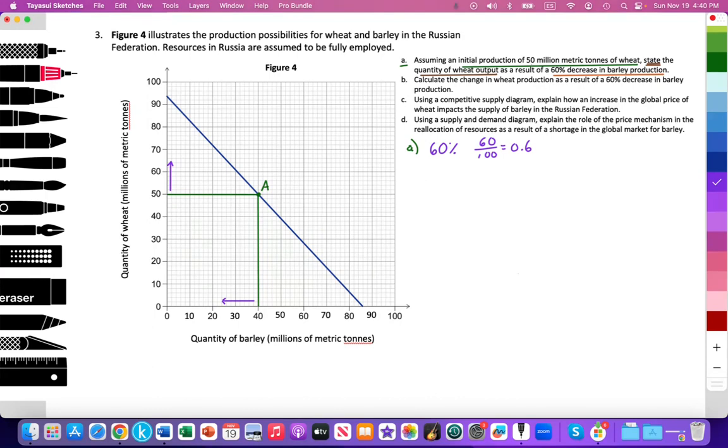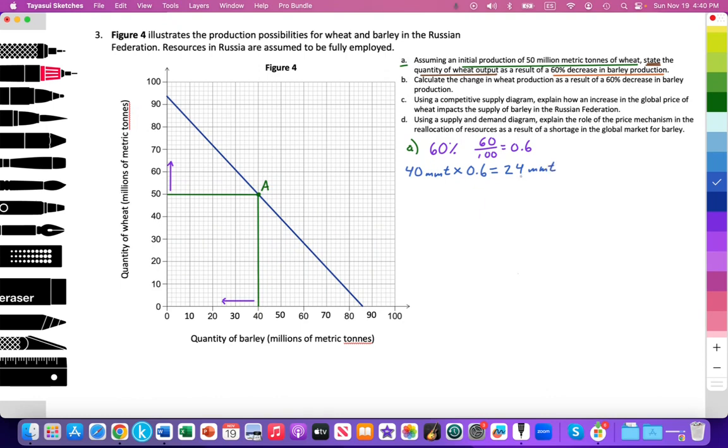I have an initial barley production of 40 million metric tons. I'm going to multiply that by 60%, and that will equal 24 million metric tons.